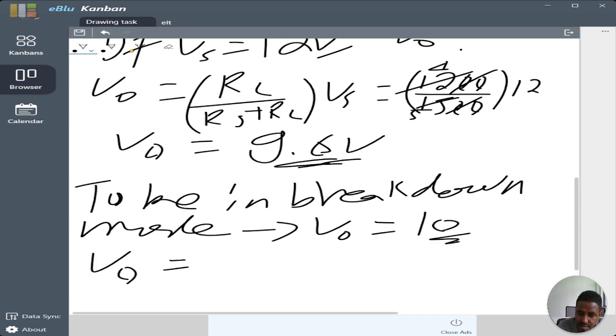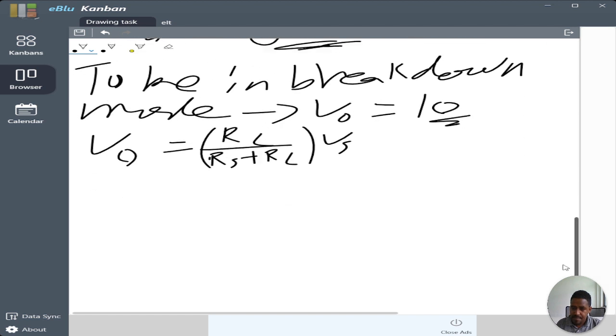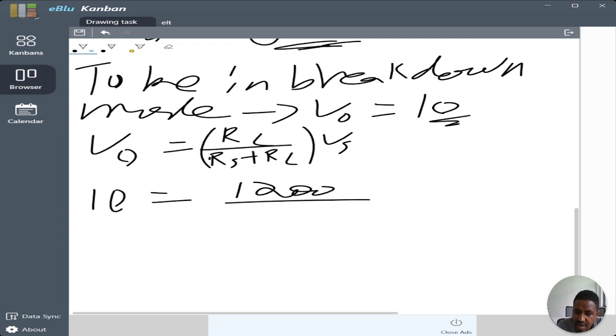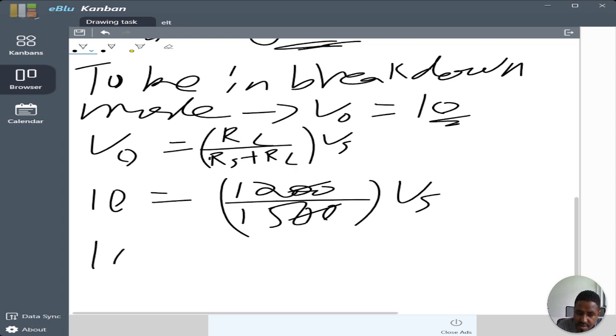So V out equals RL over Rs plus RL times Vs. So V out is 10, RL is 1200 ohm or 1.2K, Rs plus RL is 1500, times Vs. Then 10 becomes 12 over 15 of Vs. Let's cross-multiply.